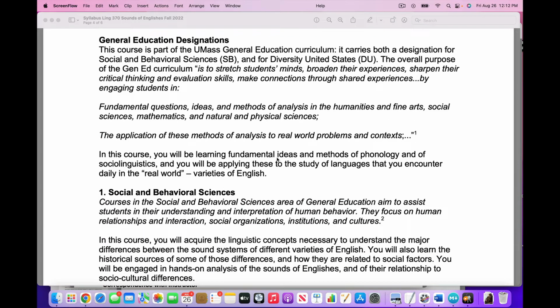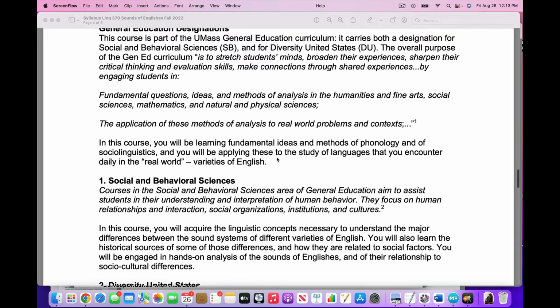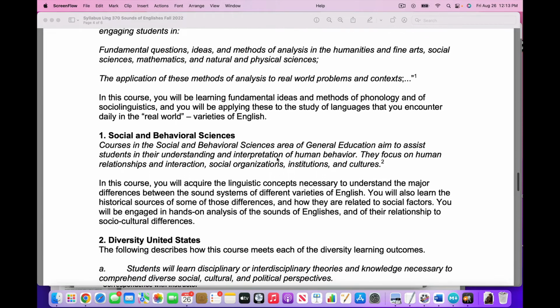This is a Gen Ed course. It gives you a Gen Ed credit in both social and behavioral sciences and diversity United States. Overall, we're trying to broaden your thinking and make connections between different disciplines, and I think this course does a good job of doing those things.